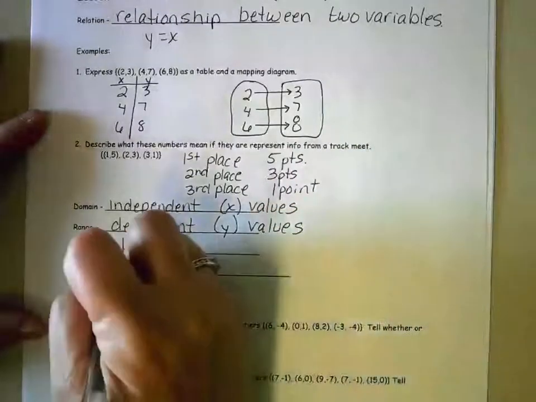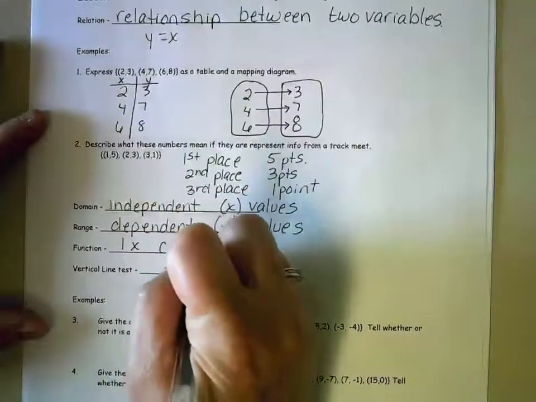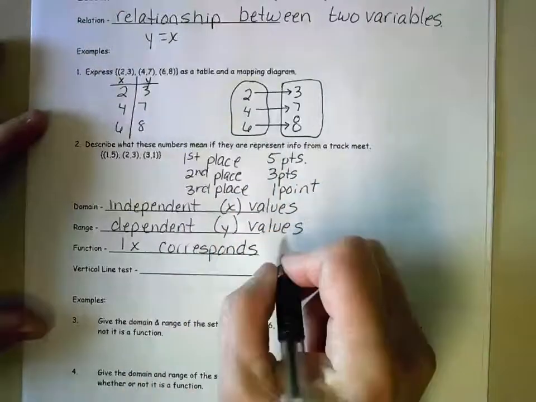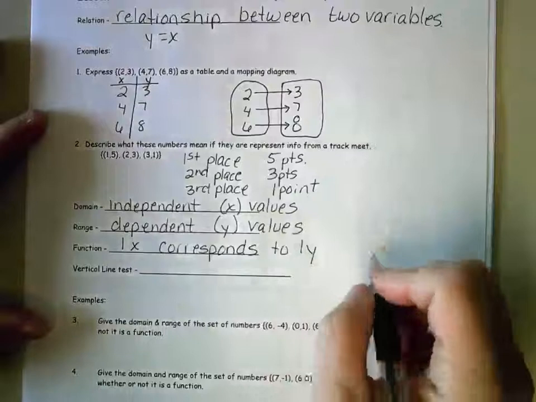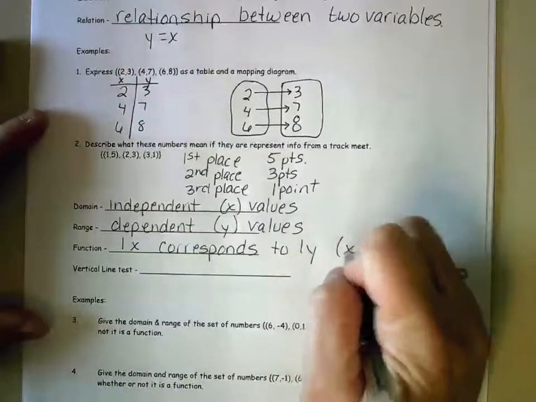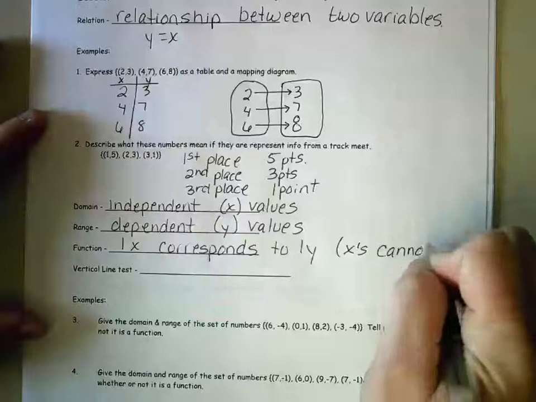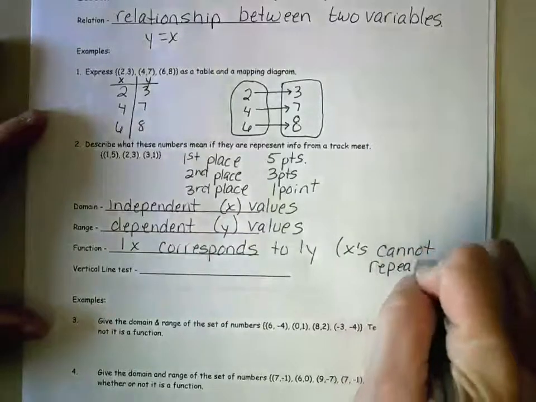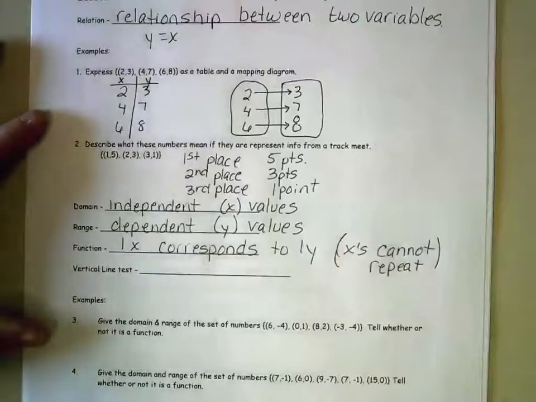And if you have a function, you have one x corresponds to one y. Your x's cannot repeat. Your y's can repeat, but your x's cannot repeat.